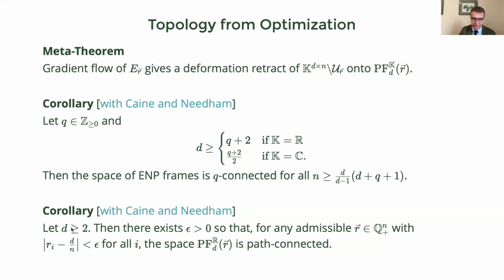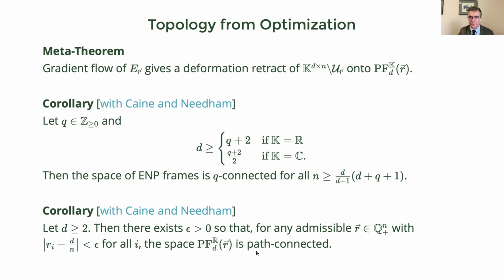And then, here's another thing. Thinking about real Parseval frames with given norms, what you can show is that, well, there's a more general statement, but in particular, there's basically some open neighborhood around the equal norm Parseval frames where all these spaces are path connected.